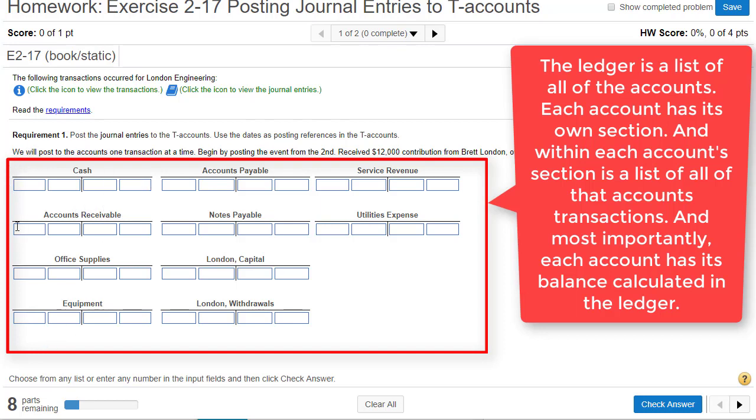So here's a section for cash, here's a section for accounts receivable, etc. And within that section, like here for cash, we're going to enter all the cash transactions. And this T account, as you can see, is kind of shaped like a T. This T account allows us to calculate the balance of cash.